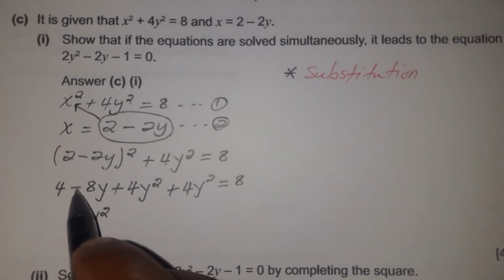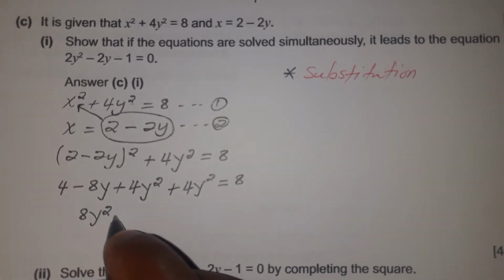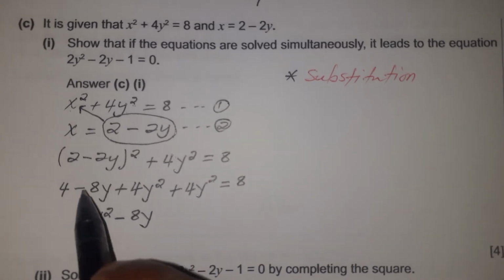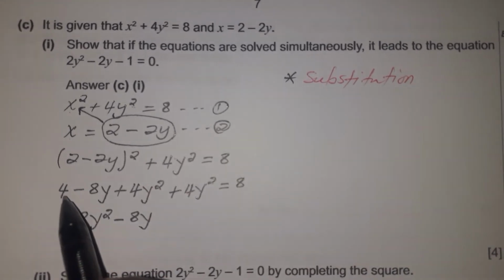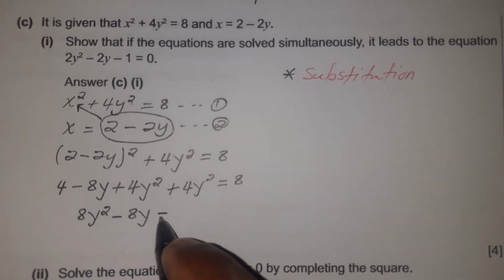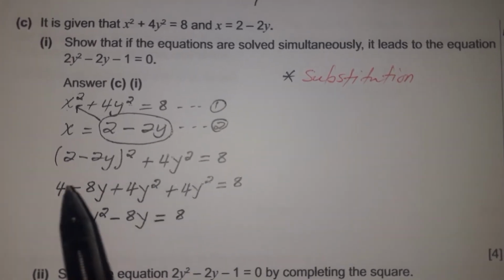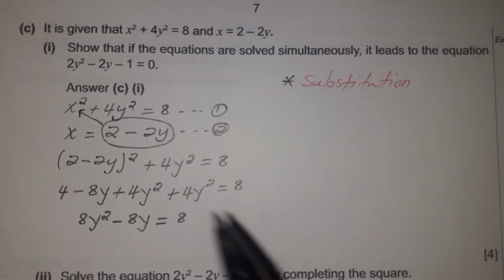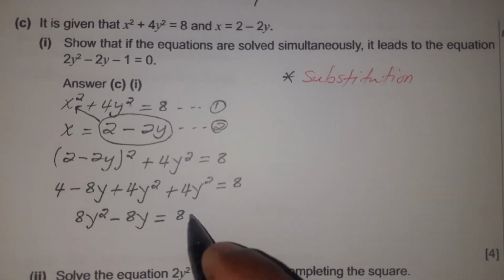And then we bring this negative 8y, don't forget the negative. And then let's write the equal sign this side. We have 8 there, and then we can take this positive 4 to come this side. This side is positive, this side becomes negative.